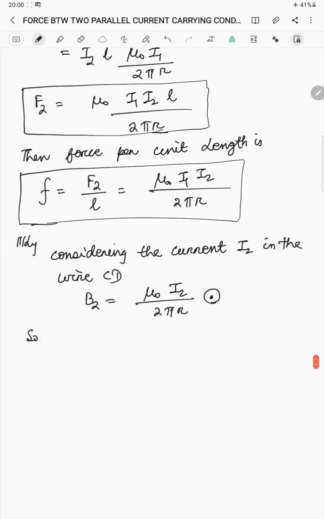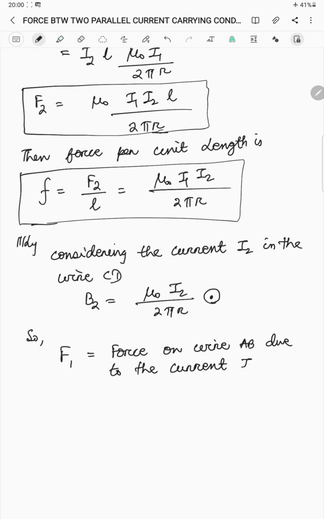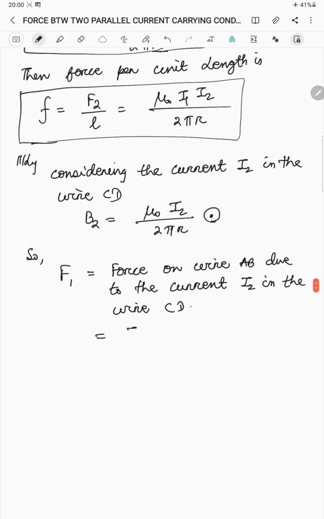So now what will be the force? What will be F1? F1 will be the force on wire AB due to the current I2 in the wire CD. Okay, it will be how much?